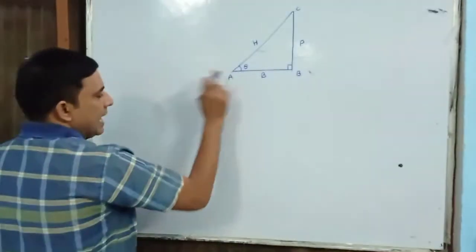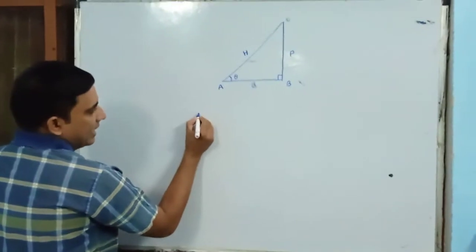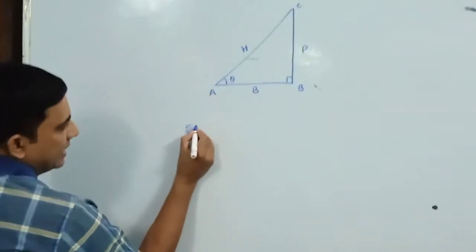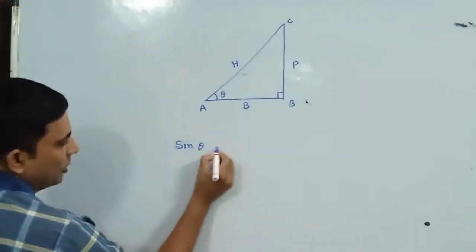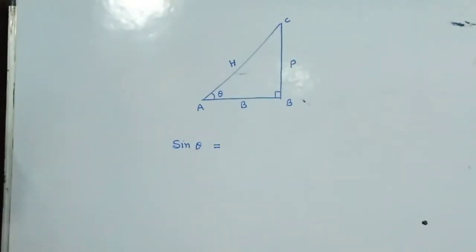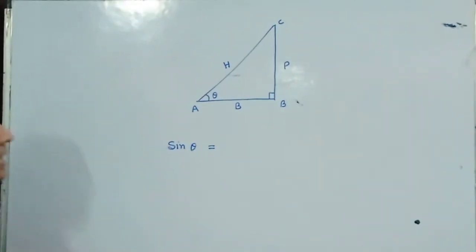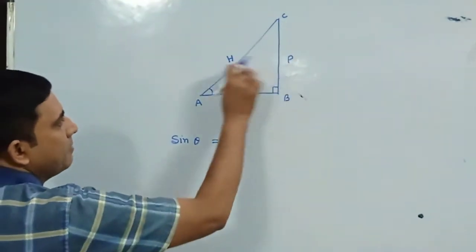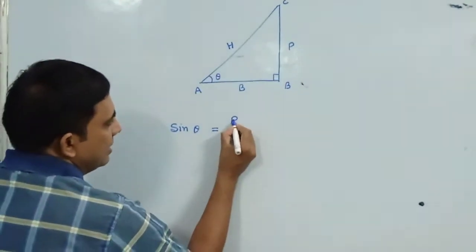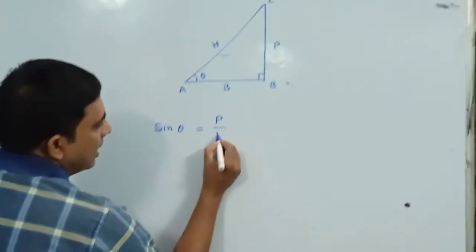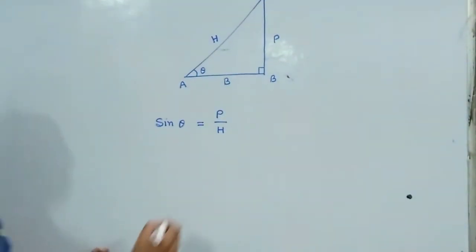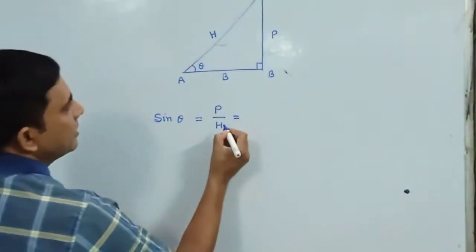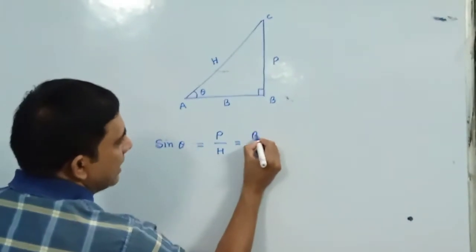So for this angle, we can write the value of sine theta. Sine theta, the full name is sine of angle theta. Sine theta is equal to P by H. By definition, it is perpendicular by hypotenuse, or in terms of sides, we can say it is BC by AC.